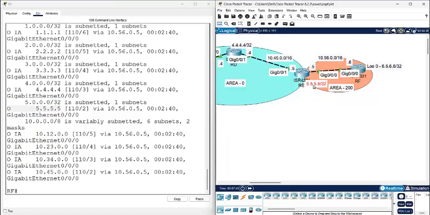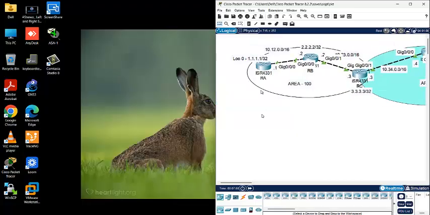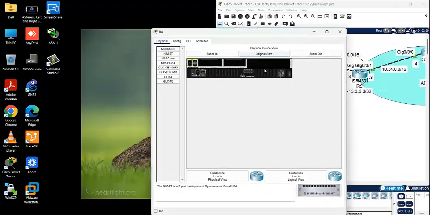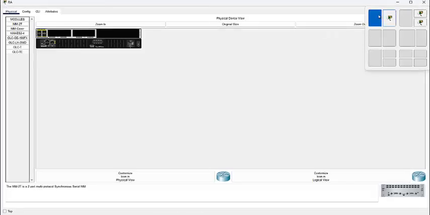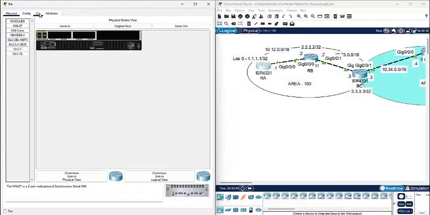This we have put in area 200. Same area, you will see only O. But the networks that are coming from other areas, you will see IA.